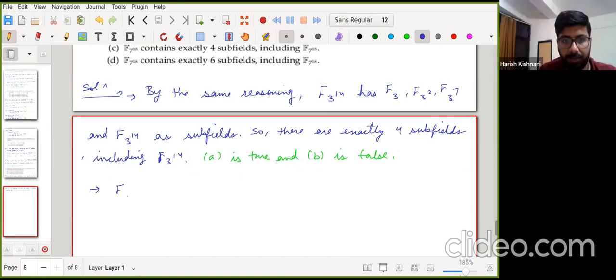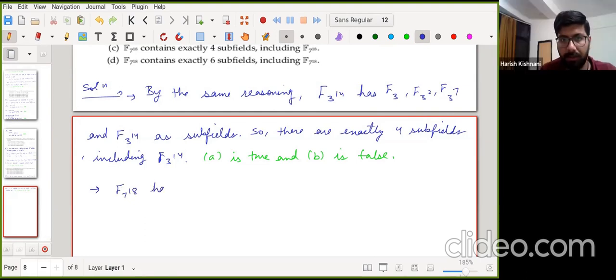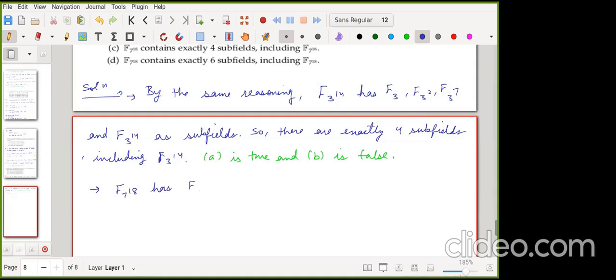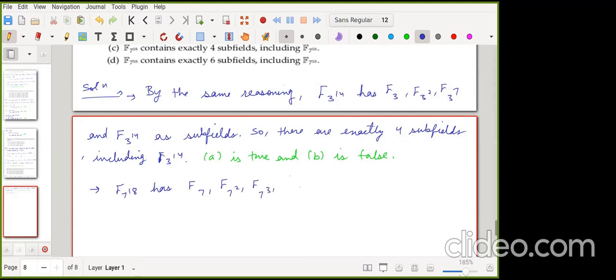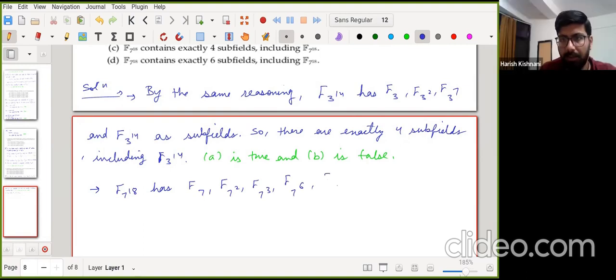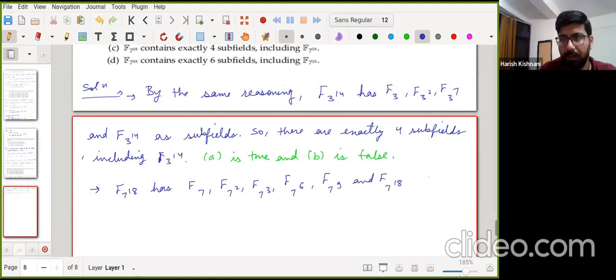So F_{7^18} has F_7, F_{7^2}, F_{7^3}, F_{7^6}, F_{7^9}, and F_{7^18} as subfields.